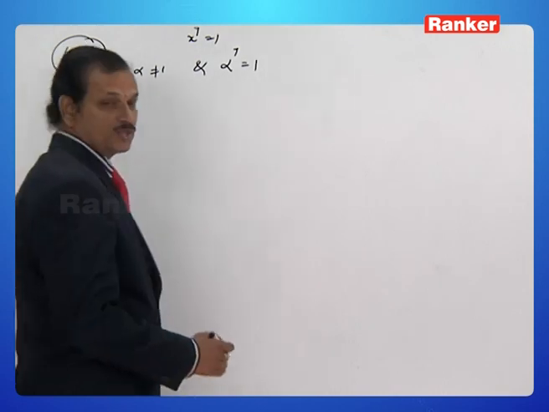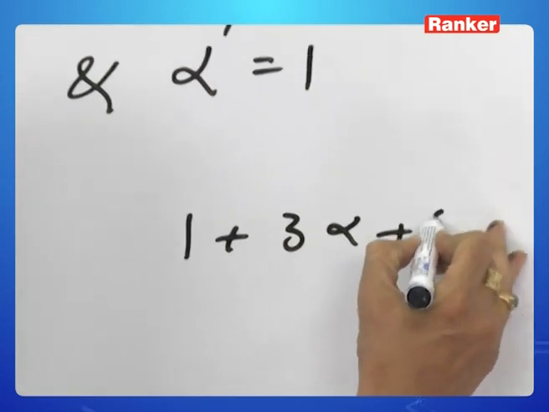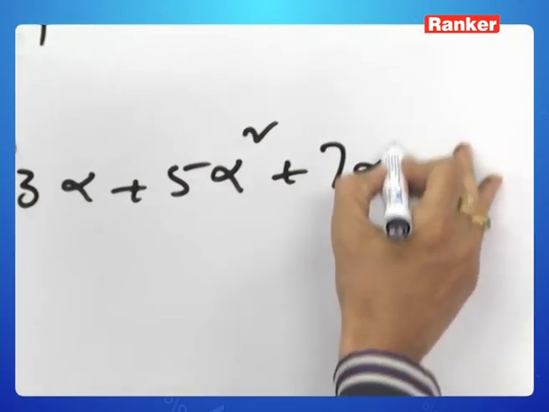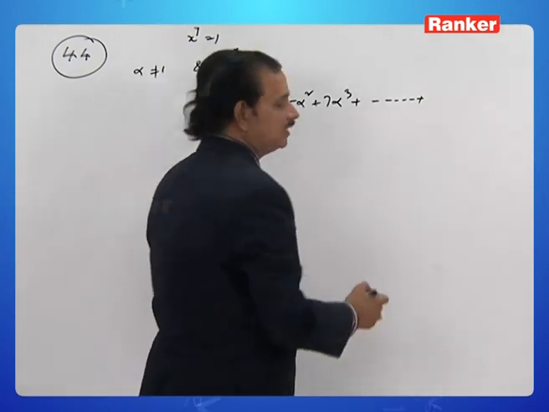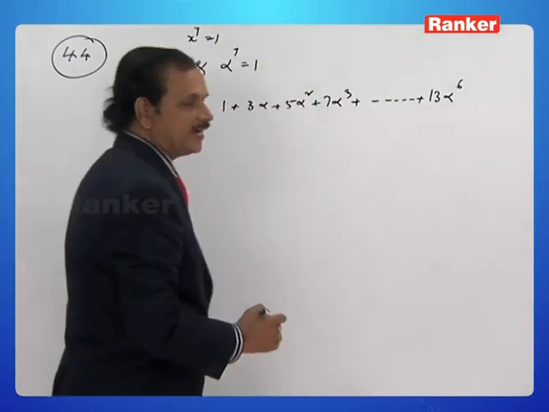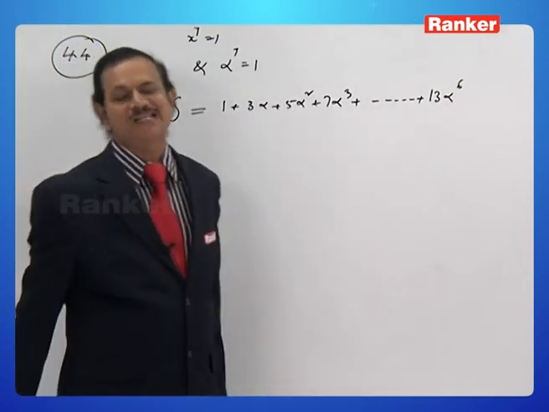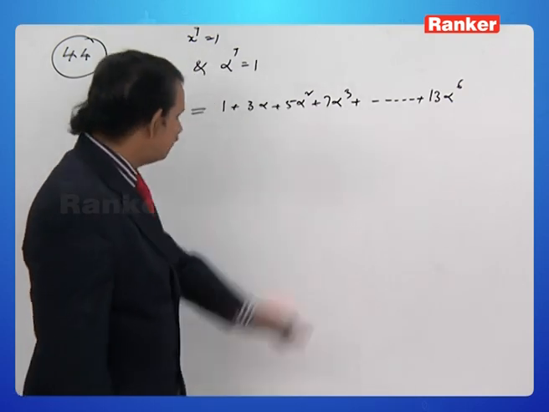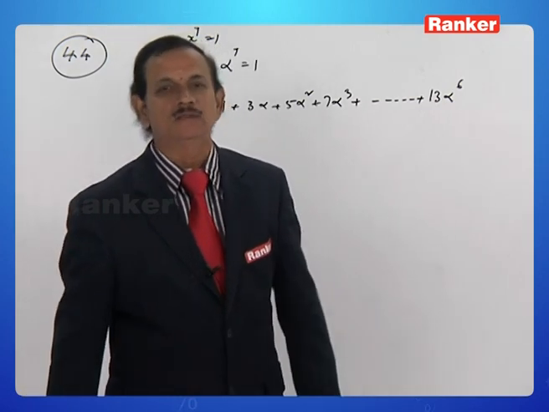Moreover, what is required actually? 1 plus 3 alpha plus 5 alpha square plus 7 alpha cube plus 9 alpha power 4 plus and so on, up to 13 alpha power 6. He is asking us. Let me name this big sum, say sum capital S. We are to know the value of this sum, 1 plus 3 alpha plus 5 alpha squared plus 7 alpha cube and so on.